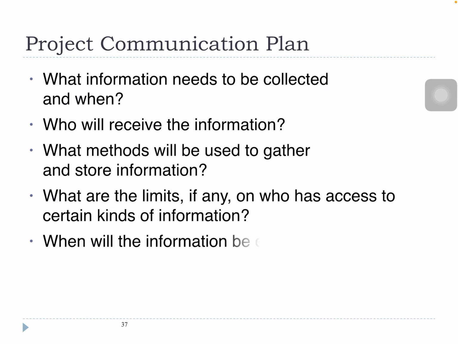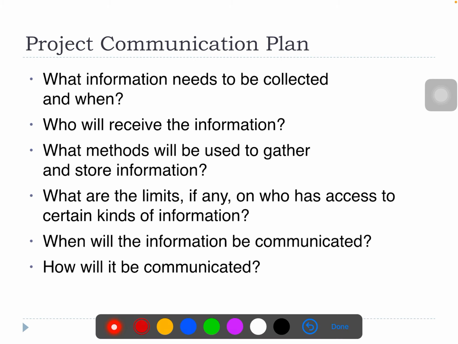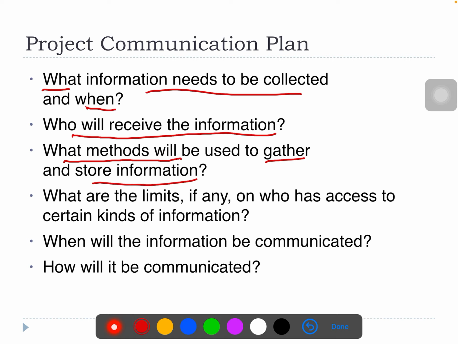So next, we should go on with the project communication plan. So what is a communication plan? It's about collecting information needs, finding what and when of the information needed. And then it will tell you who will receive the information, and it will specify what methods are to be used to gather and store information.